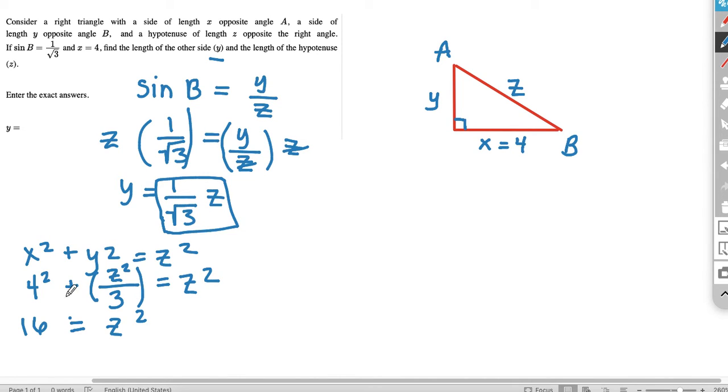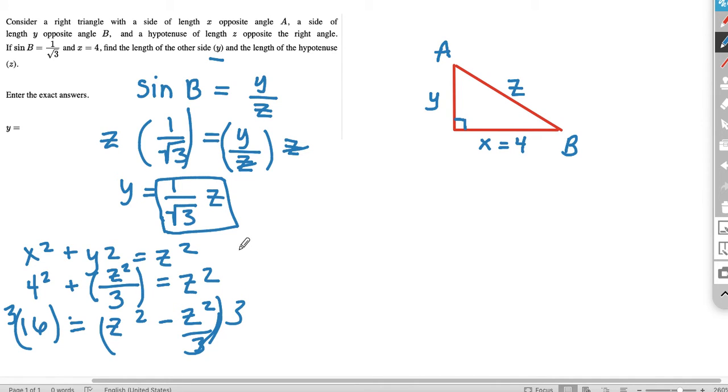I like to get rid of the fractions, so I'll multiply both sides by 3 to get rid of that ugly denominator.